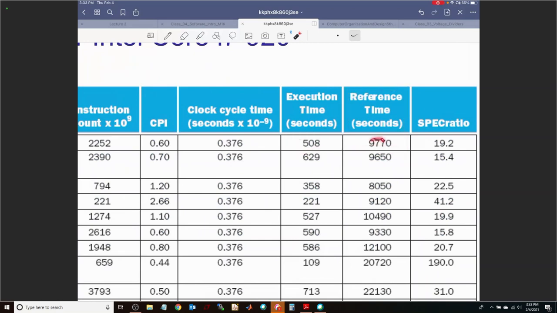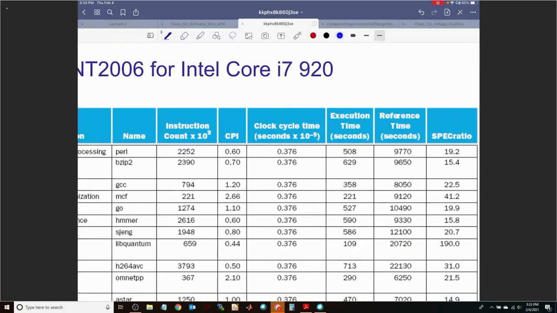So you divide this by this, you get that. Divide this by this, you get that, and so on. Let me write this down here: SPEC ratio, for each program, is reference divided by execution. This execution time is for this Intel core, and the reference time is for the reference machine.